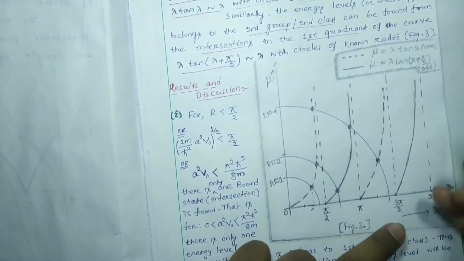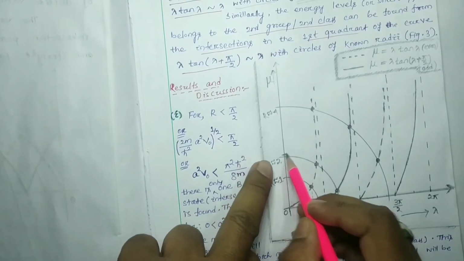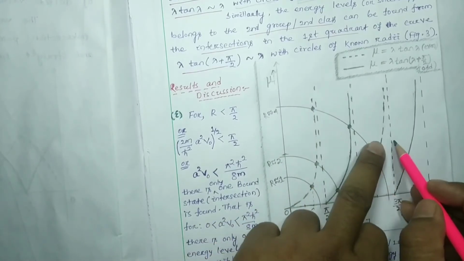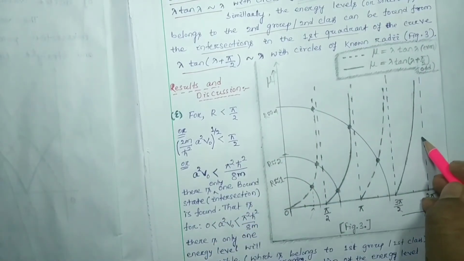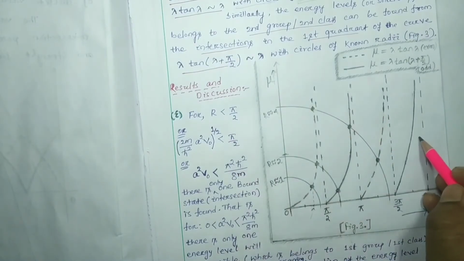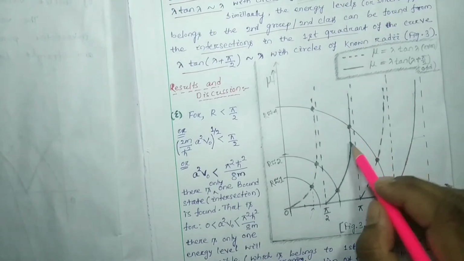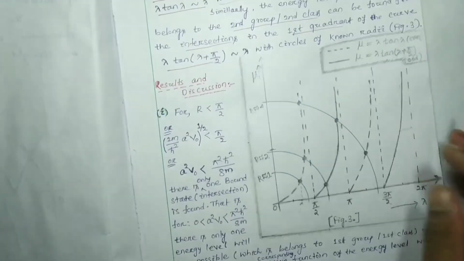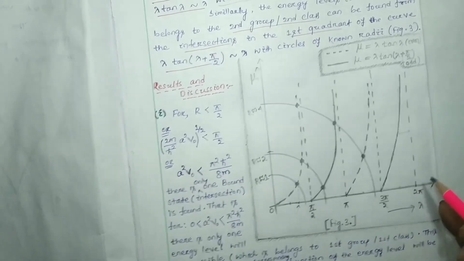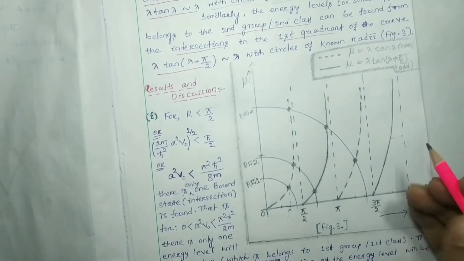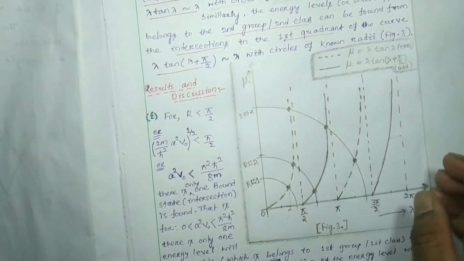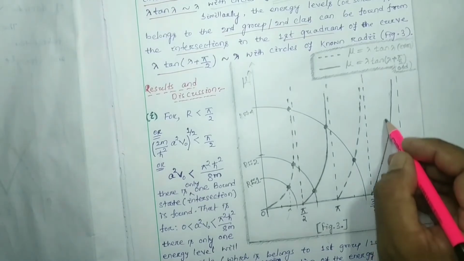That means for a particular mu value, here the closeness is larger, here it is close, here there is somewhat more distance. If we move from this side to this side, the closeness between this curve and this is reducing. That means if we consider the other curves beyond 2 pi, then this distance is going to be increased, meaning the straightness of this curve is going to be increased.